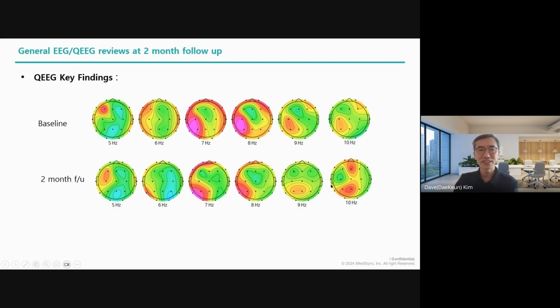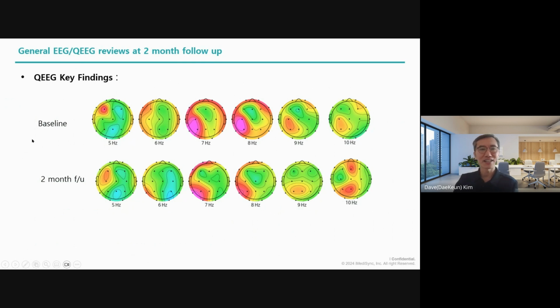And we can see the increase of the 10 Hertz because we used 10 Hertz stimulation in the left. So we can see the 10 Hertz increase like this after the 2 months follow-up. This is the change of the QEEG between the baseline and the 2 months follow-up: the slow frequencies 6, 7, 8 Hertz decreased, and the 10 Hertz increased in the left.